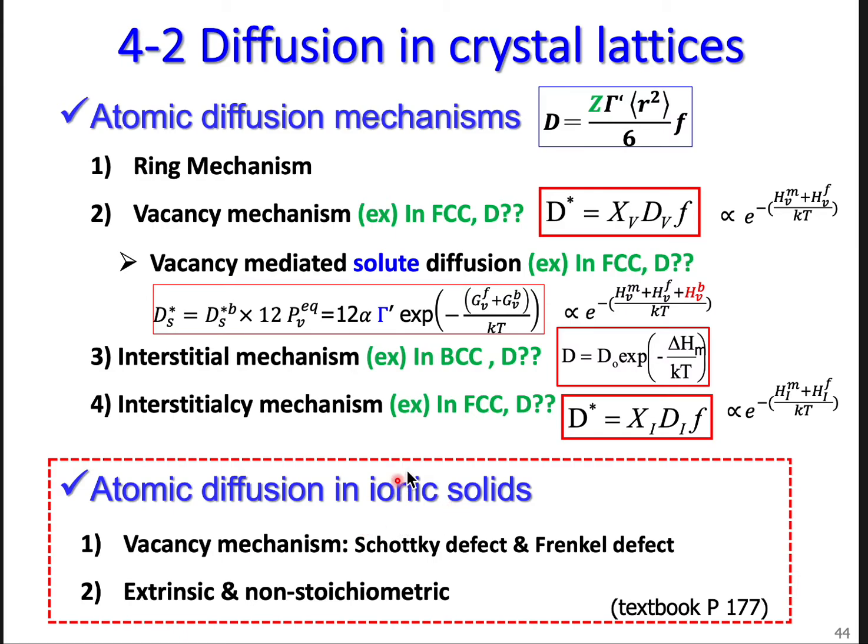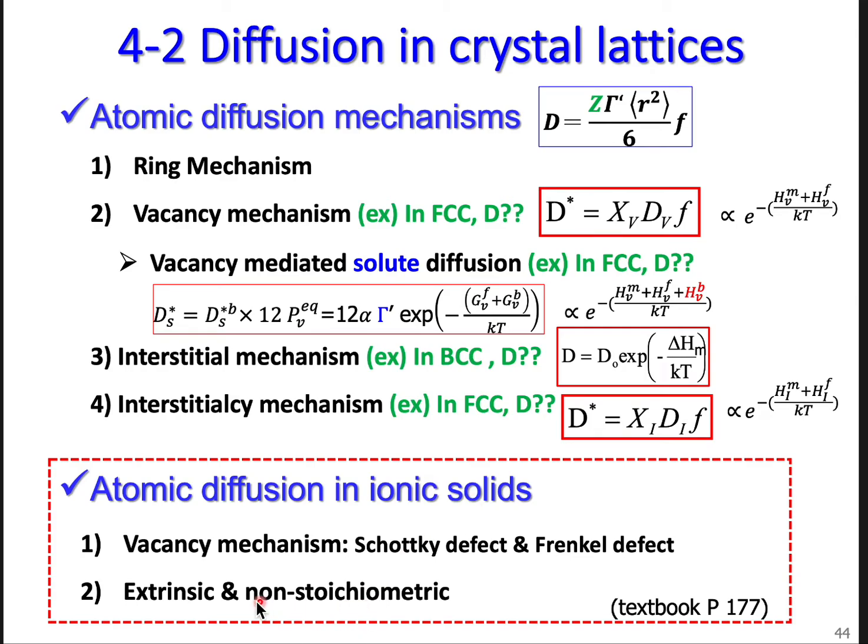So first of all, we need to know how many types of vacancy defect are observed in ionic solids. Then we can have an idea how the ions jump through vacancies, so we can get the self-diffusivity for specific ions, right?